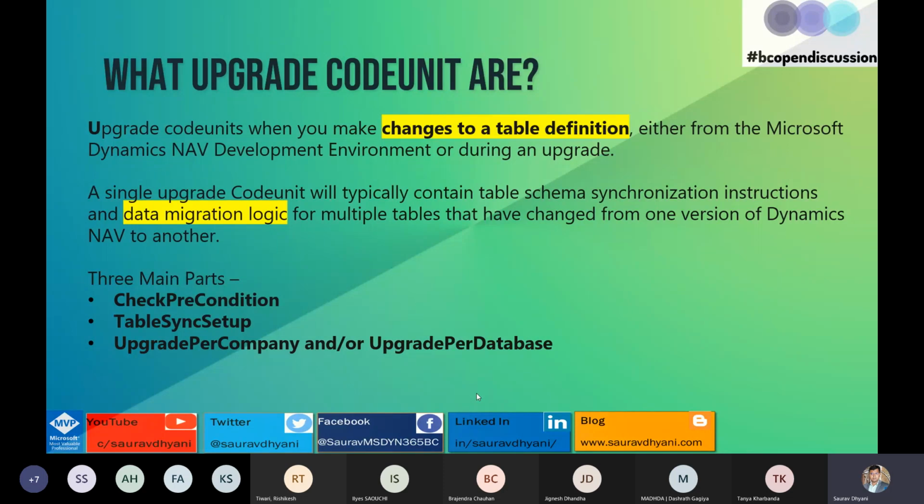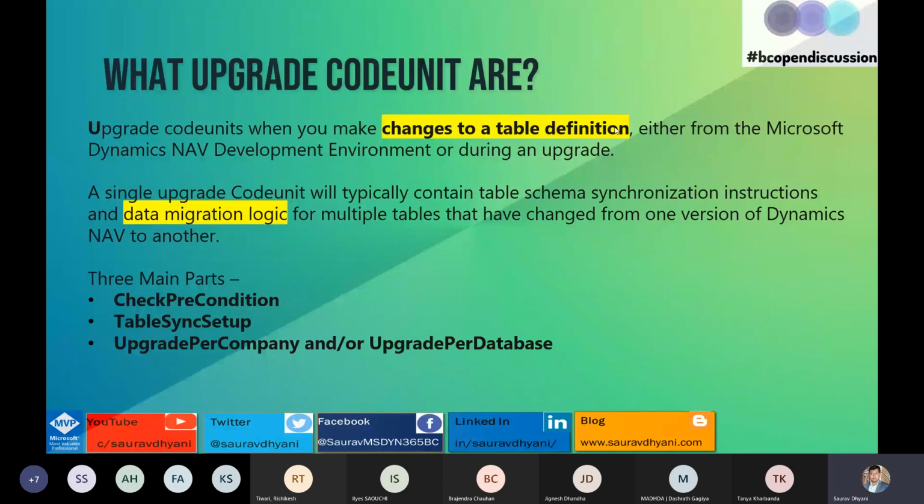It can just be done by writing all your upgrade logic in one single upgrade codeunit, which does two major things. One, if there is a change in the table definition, which means fields being removed, fields being changed, and I'm only talking about Microsoft at this point, or tables being removed or table design being changed. Let me give you an example.